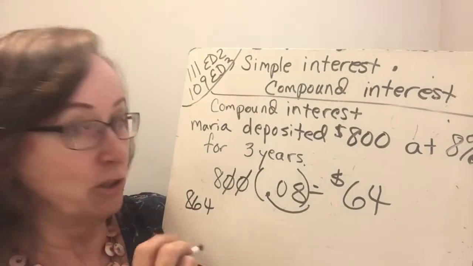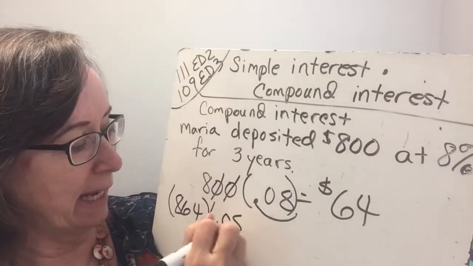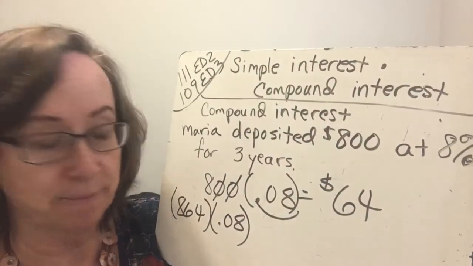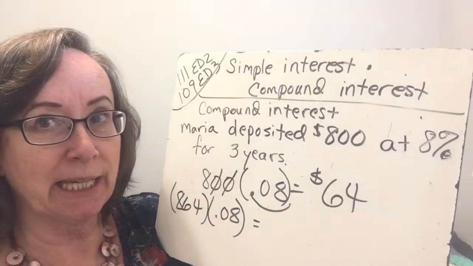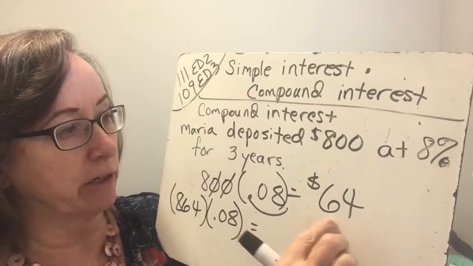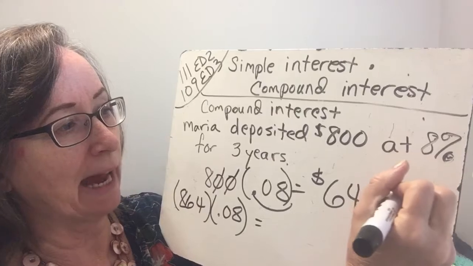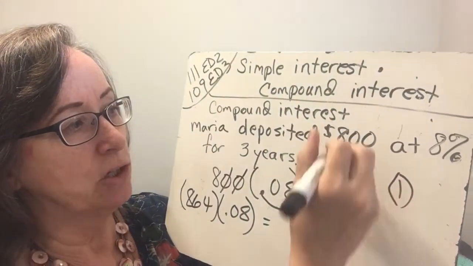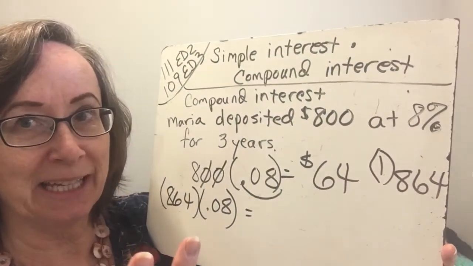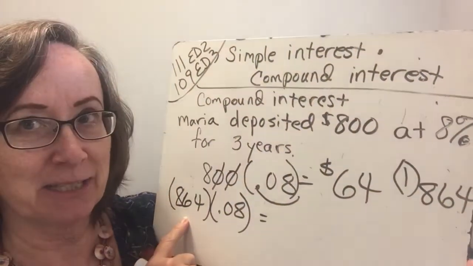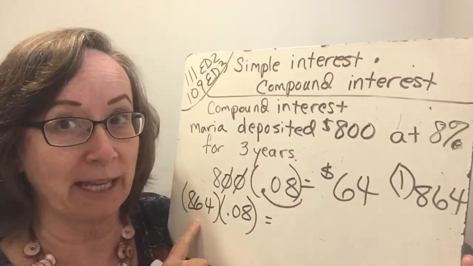And during the second year, she will earn 8% of that. So after 1 year, she would have $864. So at the beginning of the second year, she gets that $864 as her starting amount, as her principal now.